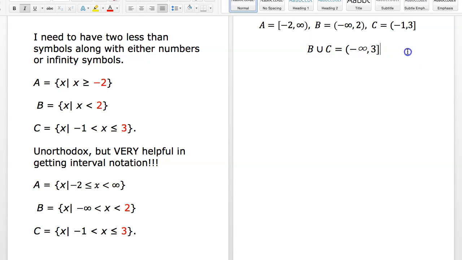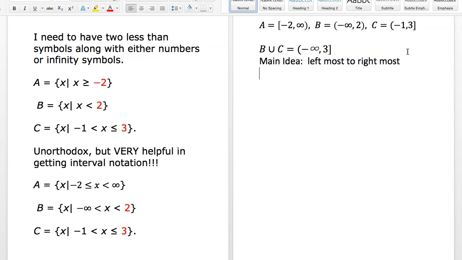That's what we're doing after all. So the moral of the story, the main idea: we go from the leftmost to rightmost. In this case, it was negative infinity, which always has a parenthesis.